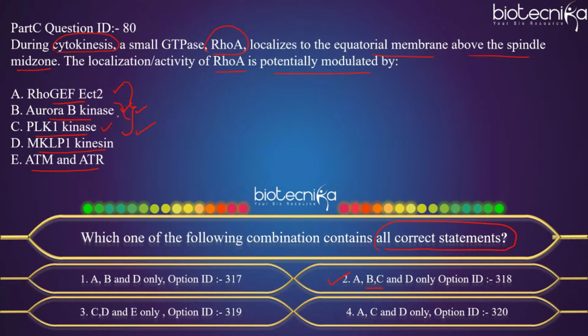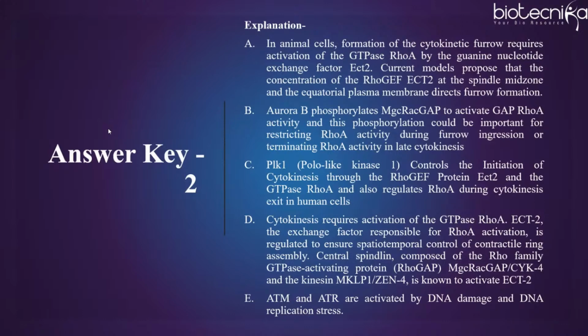Now it is not just B and C, there are other proteins also that are involved over here. So I'll give you a detailed explanation. You all can make a note of it and try to remember these details. So whenever we talk about animal cells, during cytokinesis, the furrow that is formed requires activation of GTPase RhoA. Okay, how does it get activated?